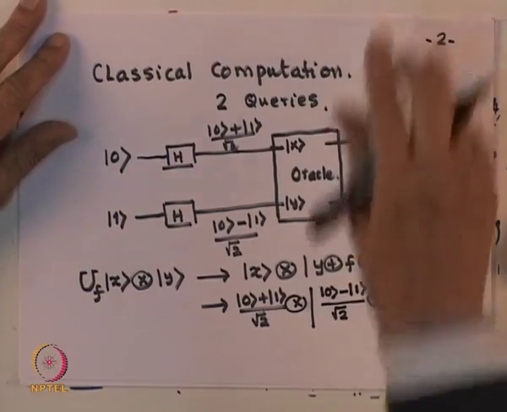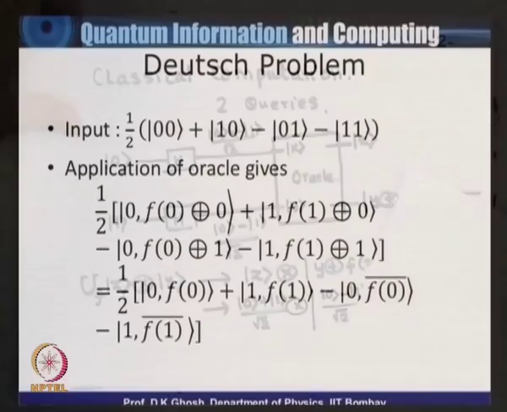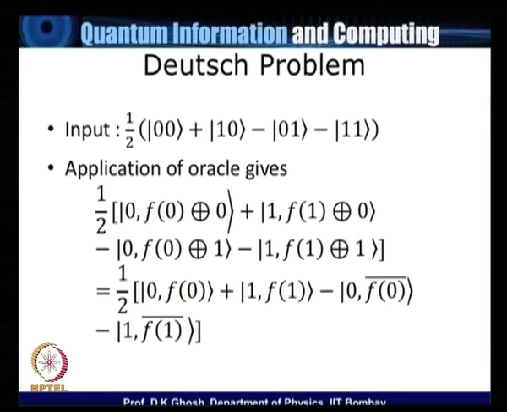So let us analyze this a little more and find out what I get as a result. The slide tells you the situation, but I will work it out for our convenience.